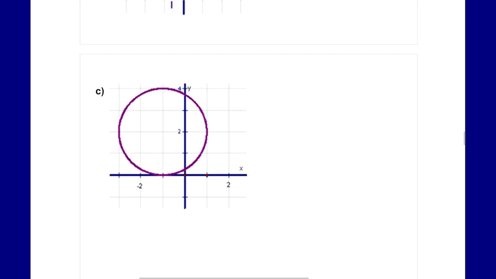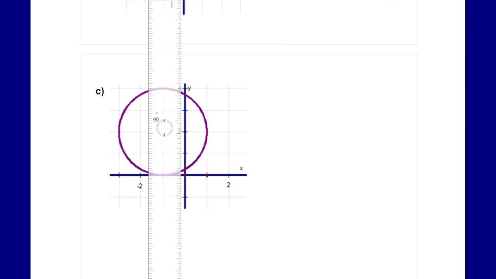Here you can probably guess what's going to happen. I draw my vertical line, and I can see that this vertical line has crossed my function, or my relation, in two spots. One up here and one down here. Two spots with the same vertical line.